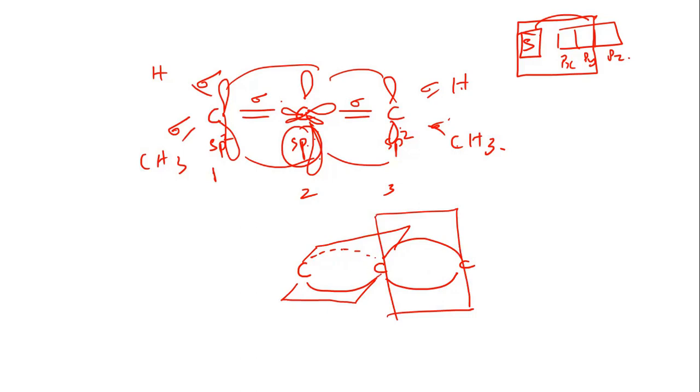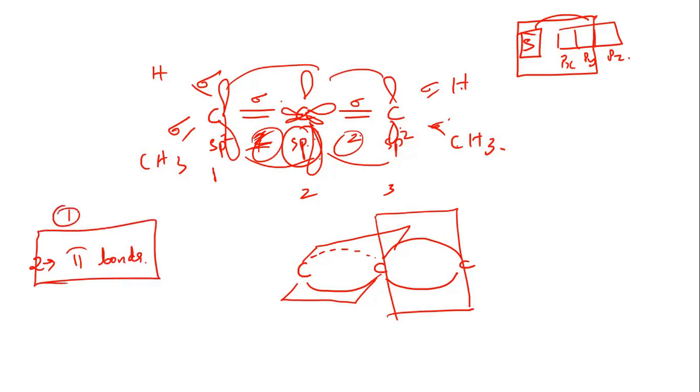Can you see the difference? Plane difference. This pi bond is horizontal, this pi bond will be vertical due to this carbon atom. Okay. Since there are two, this is one, then this is two. We have 2 pi bonds.